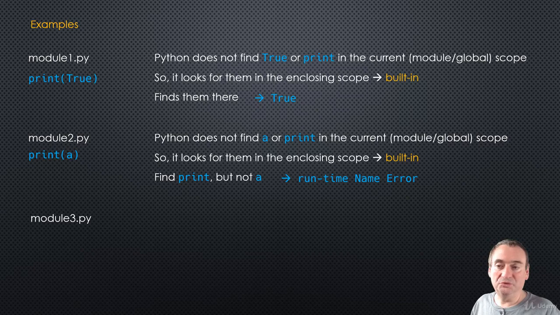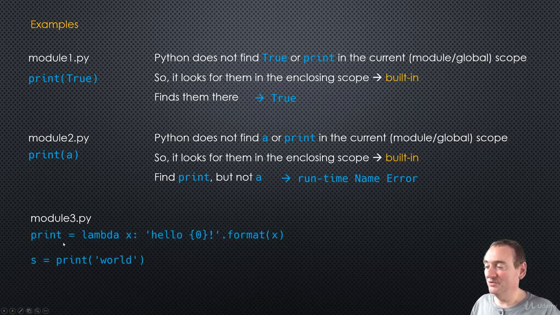Let's take a look at module number 3. And let's say that we have this. Now, here we are assigning something to this variable, this label called print. But remember that print is also a built-in. So print is a label that exists in the built-in scope. However, here we're assigning a value to print, which means that print now lives in the local scope of module 3, in the global scope, right? In our module scope. And here we've just defined it to be a function. So we're saying, well, print is still a function.